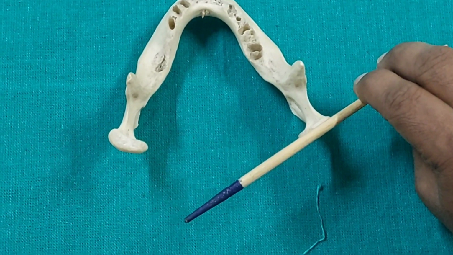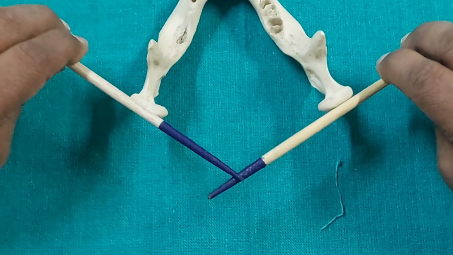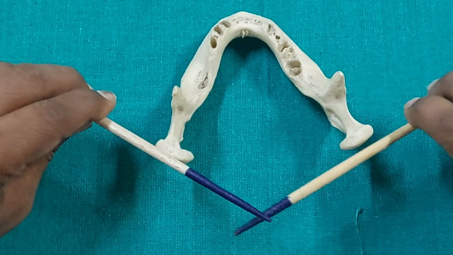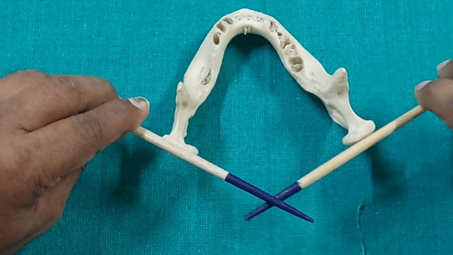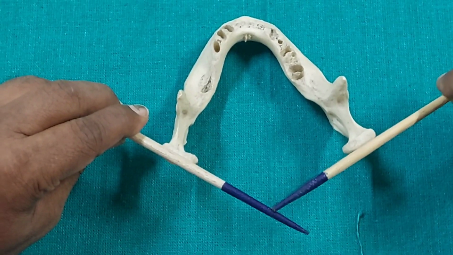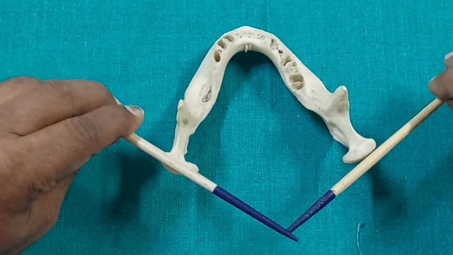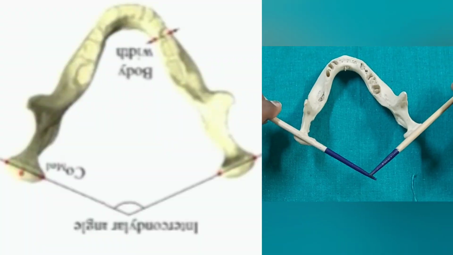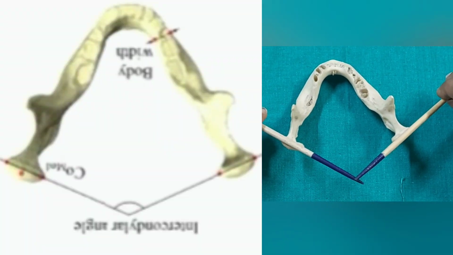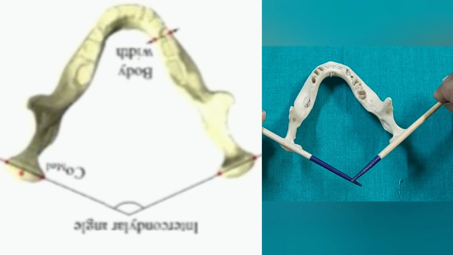Here also on this side, it looks like this. So these two lines meet posteriorly here at an obtuse angle, and this angle measures about 145 to 160 degrees.